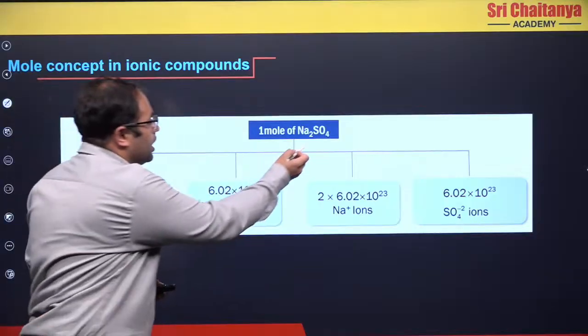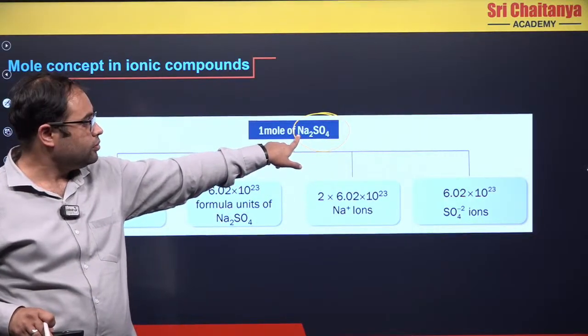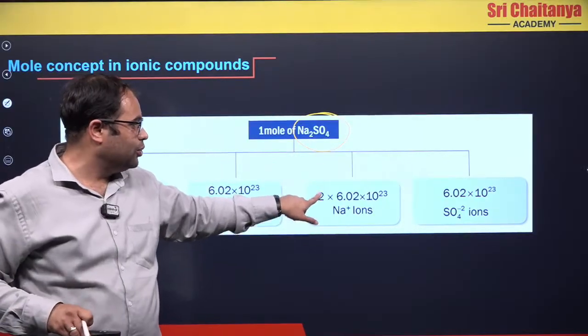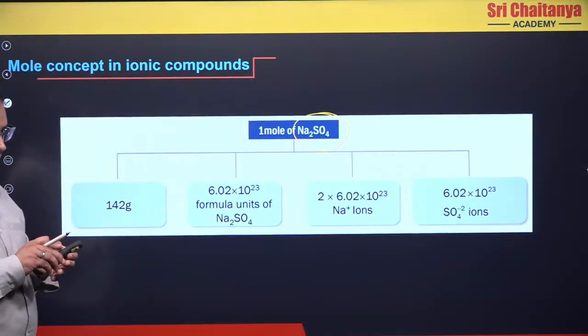The same thing with Na2SO4. Here in 1 mole you have 2 sodiums, so that's why there is a 2 here. SO4 minus is 1, so you have 1 here, and this is the molar mass.